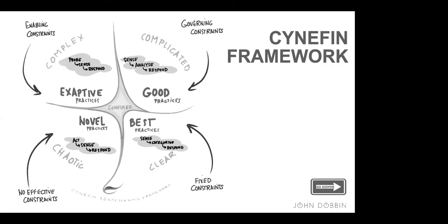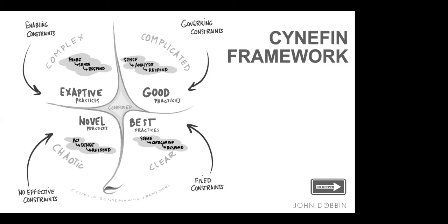And in terms of the constraints here, we have things called enabling constraints. An enabling constraint is a very difficult concept to understand, but what it means is that it's like a set of rules which allow more complex systems to form.